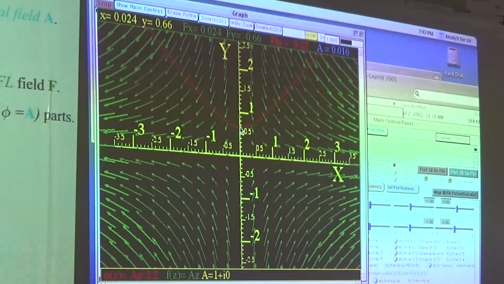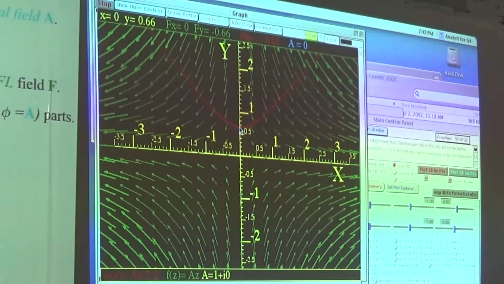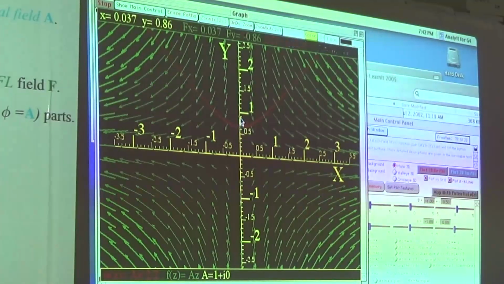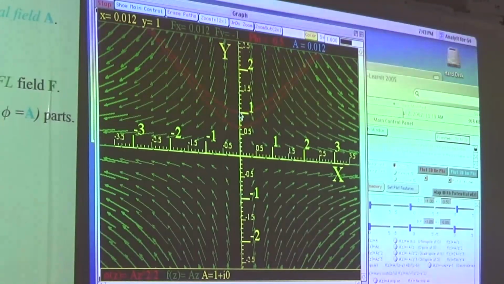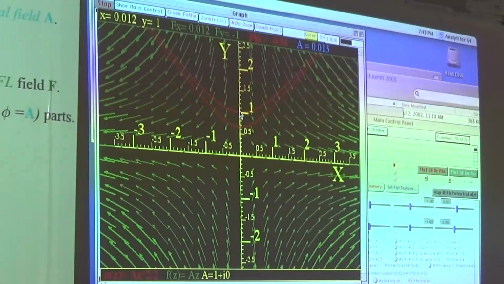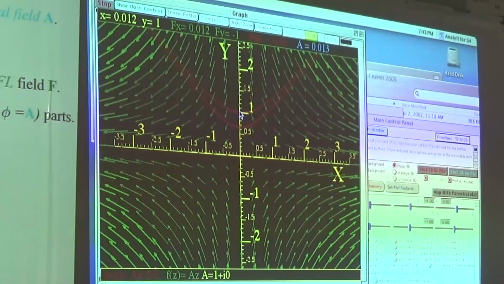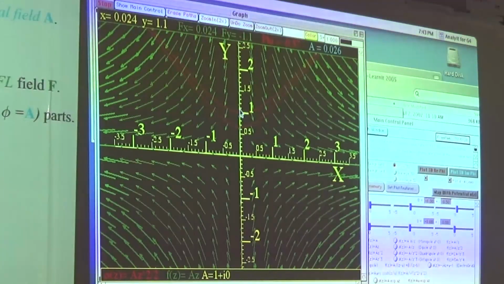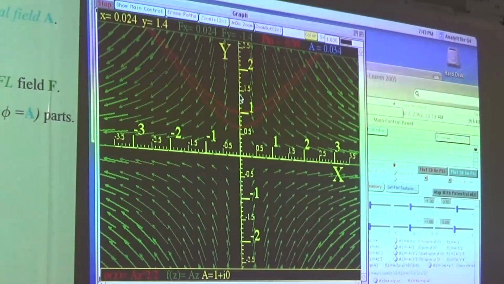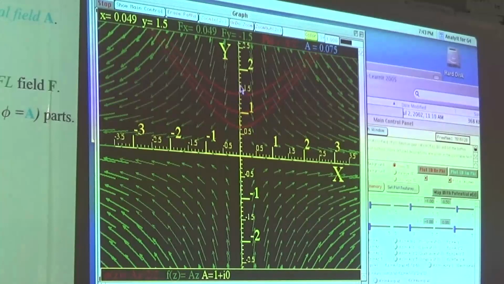That's -0.2 actually, 2.1 or so. And anytime I click, say I click on 1 here, I get a hyperbola. That's the real part of this complex potential, showing you a topography line as potentials are supposed to.